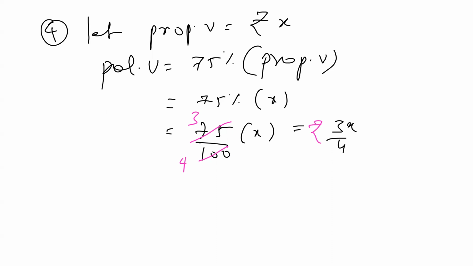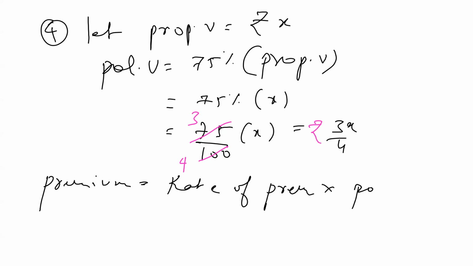The annual premium at 0.70% amounts to rupees 2625. So we'll write down the premium formula. Premium is equal to rate of premium into policy value. So premium is 2625. Rate of premium is 0.70% into policy value. The policy value is 3x by 4.